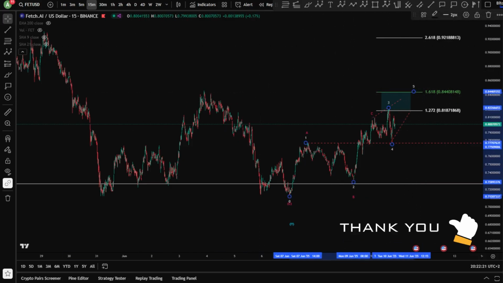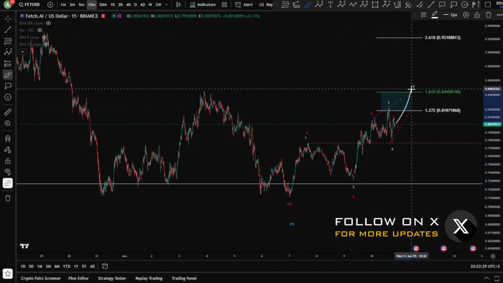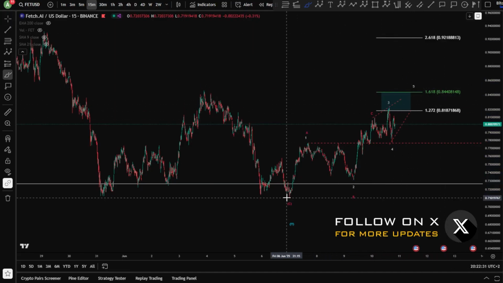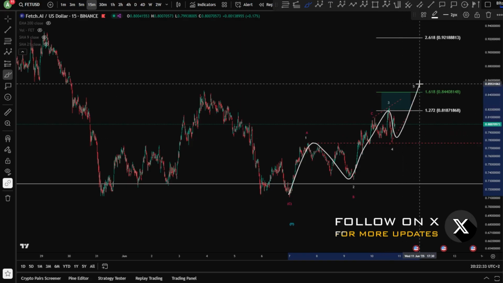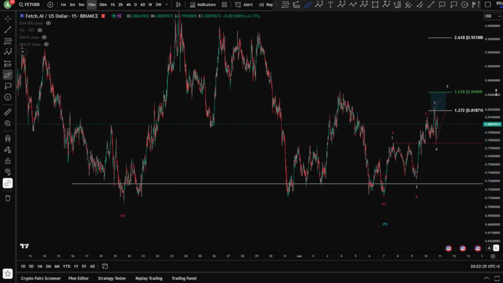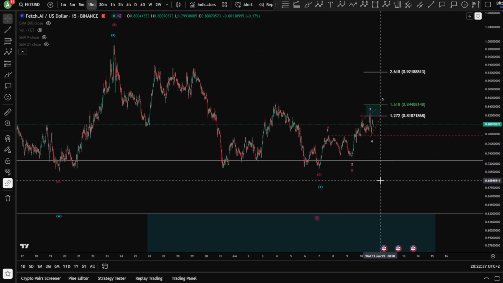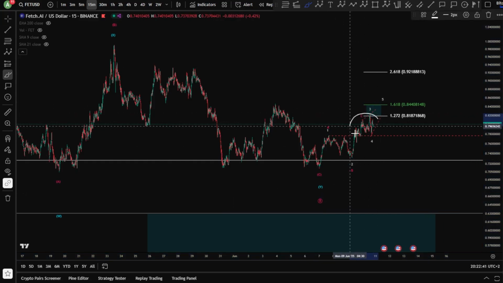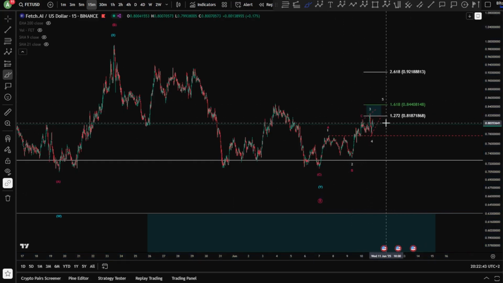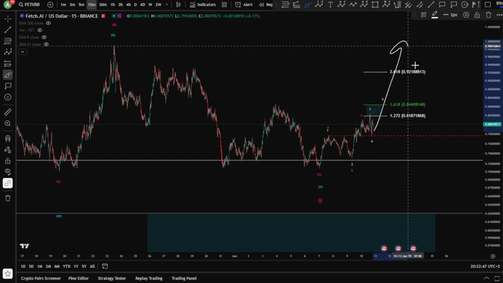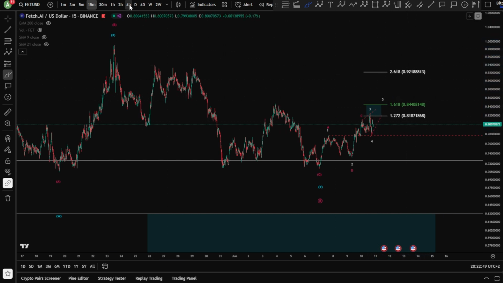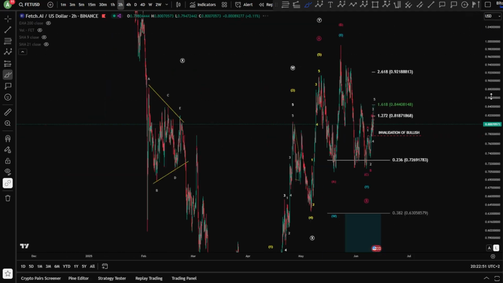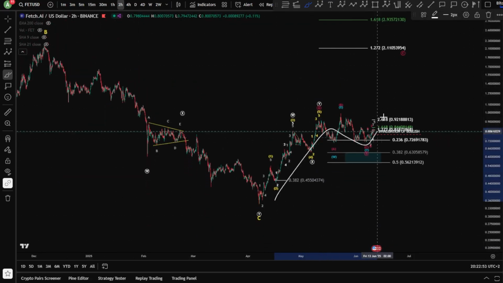It is necessary to still get one more high, at least to take the 1.618 to call this 1, 2, 3, 4 and a 5. And then we take it from there. But the things are not really showing so much impulsive structure unless we get a little bit higher. Then we can consider that this is continuing in a wave C toward the upside in a big ABC, right? A, B and C.